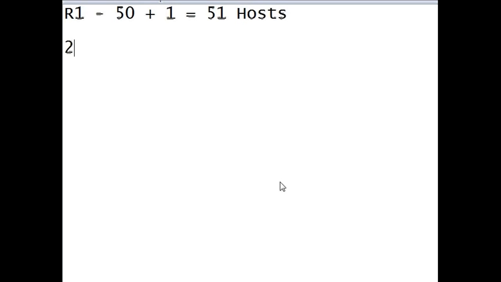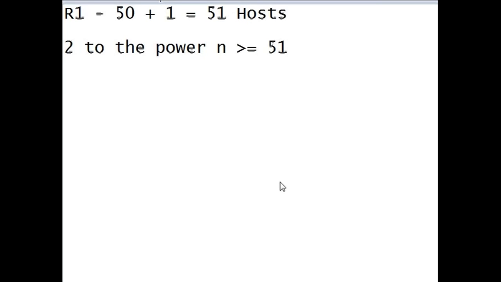Now we will be using this particular formula, 2 to the power n, which is greater than or equal to 50.